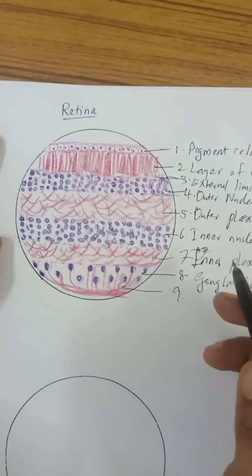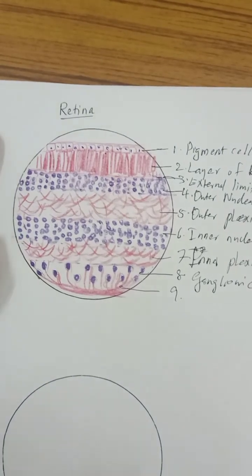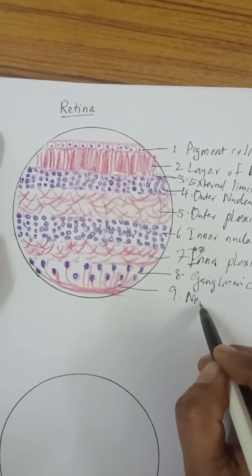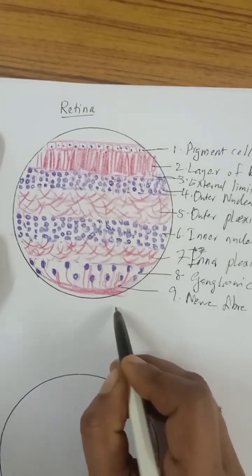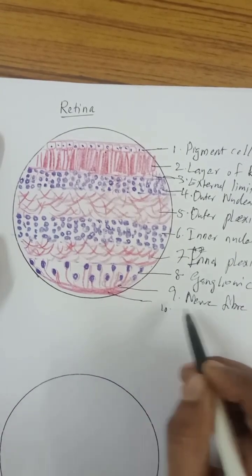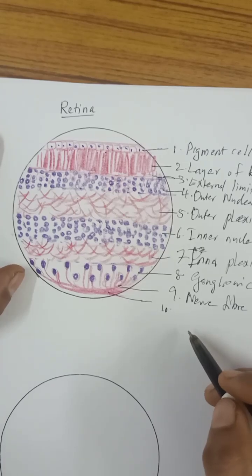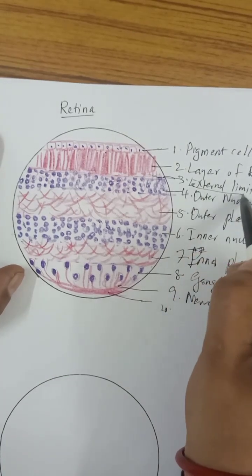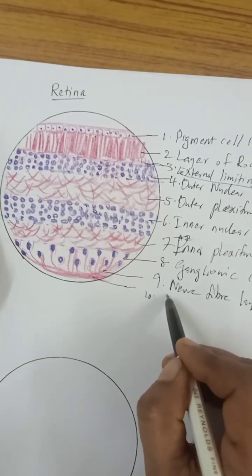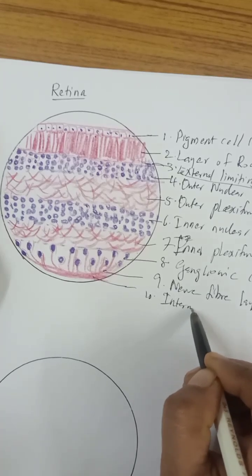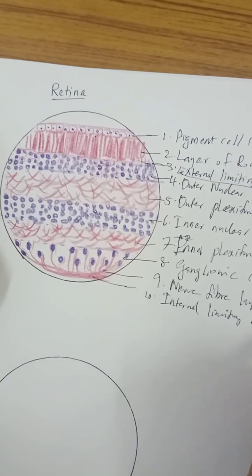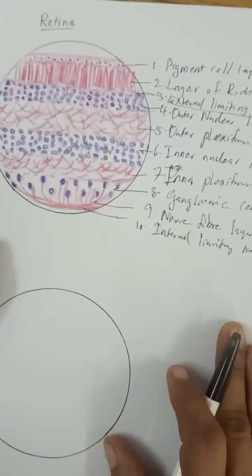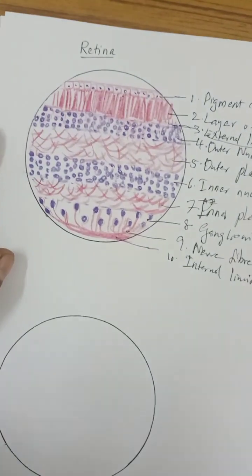And the ninth layer is the nerve fiber layer. The last layer is the 10th layer, the internal limiting membrane. Here we mentioned the external limiting membrane, here will be the internal limiting membrane. These are the 10 layers of the retina. Thank you.